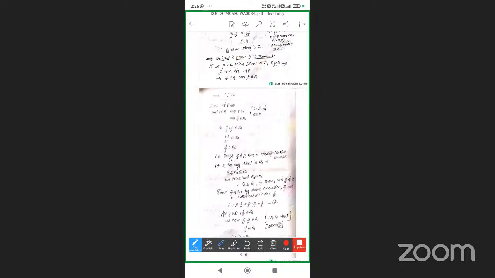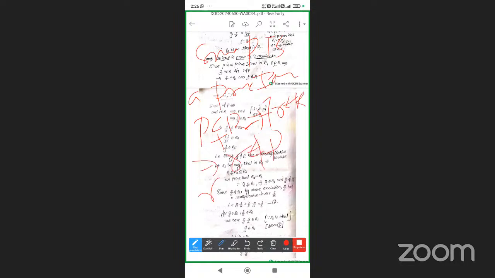P is a prime ideal in R. So P is a proper subset of R, which implies there exists R belonging to R such that R does not belong to P. Then R by S belongs to RS and R by S does not belong to PS.